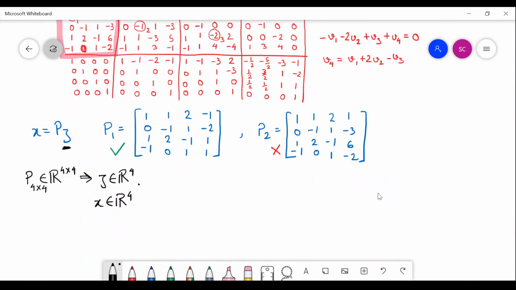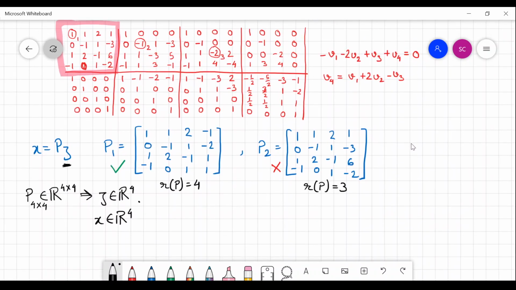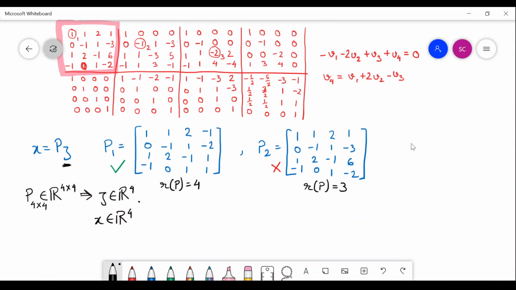If you are multiplying with a P which is not having all independent column vectors, then what happened here? Here your rank of P is equal to 4. There, your rank of P, as we have calculated, is equal to 3, because we have only 3 independent column vectors.